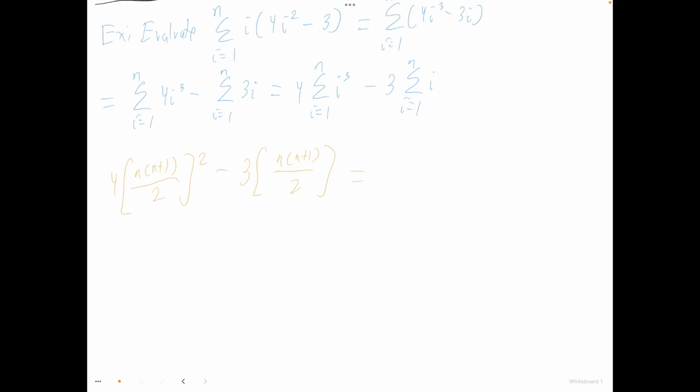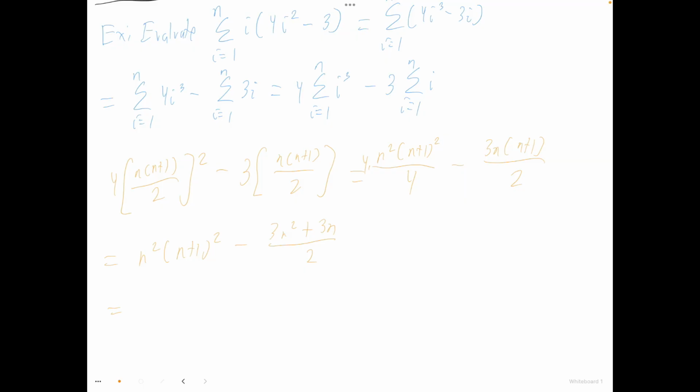Now multiplying this out, we're going to get n squared times (n plus 1) squared divided by 4, times 4, minus 3n times (n plus 1) over 2. So we've got n squared times (n plus 1) squared minus (3n squared plus 3n) over 2.